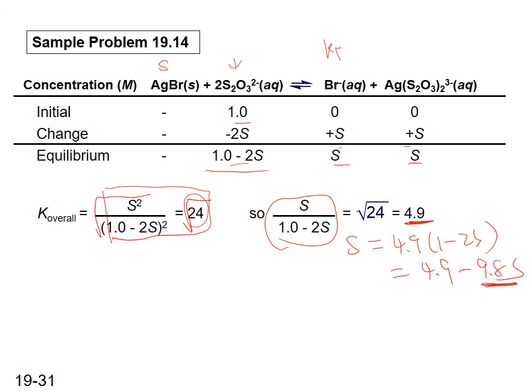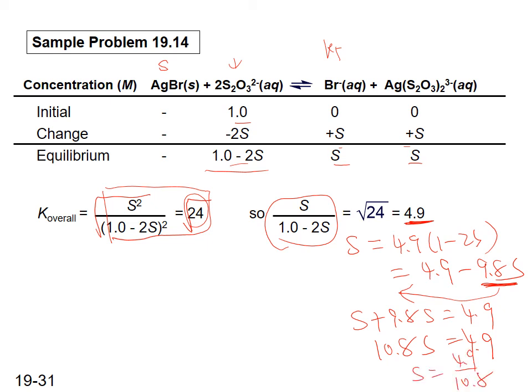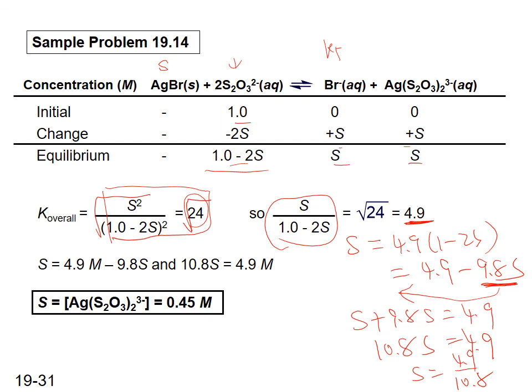And let's move this to the left side. So S plus 9.8S equals 4.9. So that gives you 10.8S equals 4.9. So S equals 4.9 divided by 10.8. And the answer will be 0.45. And that's the solubility in sodium thiosulfate.